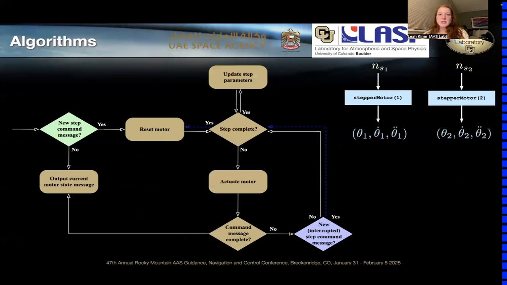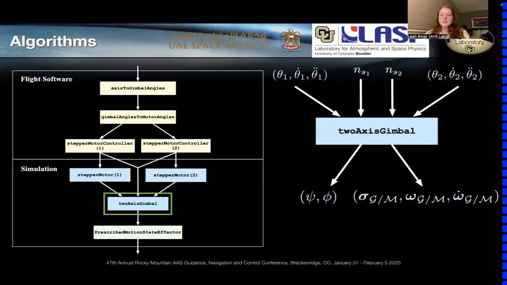So here's a flow diagram for this algorithm that is described more in the paper as well. The bulk of the work that was done in this paper was actually in developing this two-axis gimbal module, because there's quite a bit that this module has to deal with depending on the motor step commands.